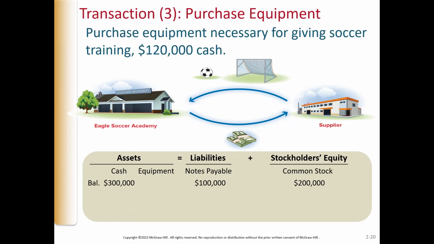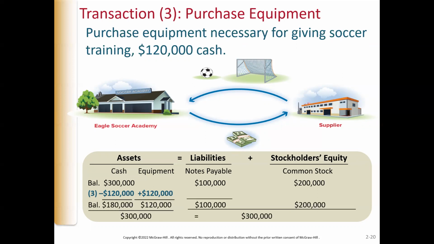Increase in equipment. Increase in equipment of $120,000. And what else happened? A decrease in cash. Excellent. An increase in equipment, a decrease in cash.